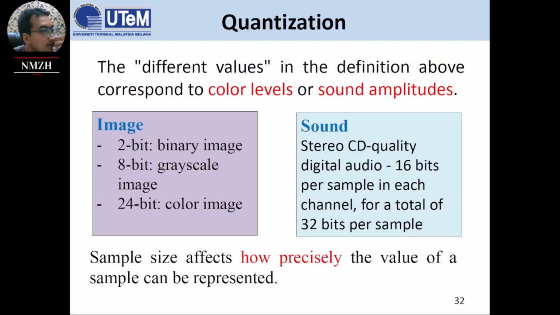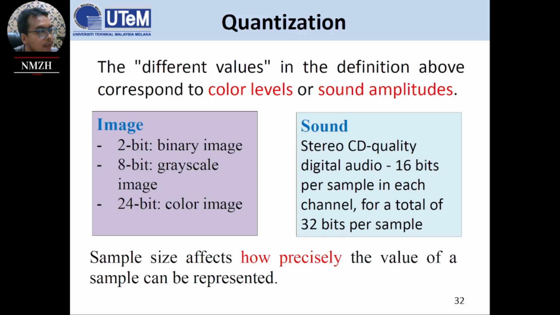Okay, so the different quantization values in the definition above correspond to color level or sound amplitude. Color level is speaking about images and sound amplitude is speaking about audio files. So we can classify this into 2 categories: images and sounds.